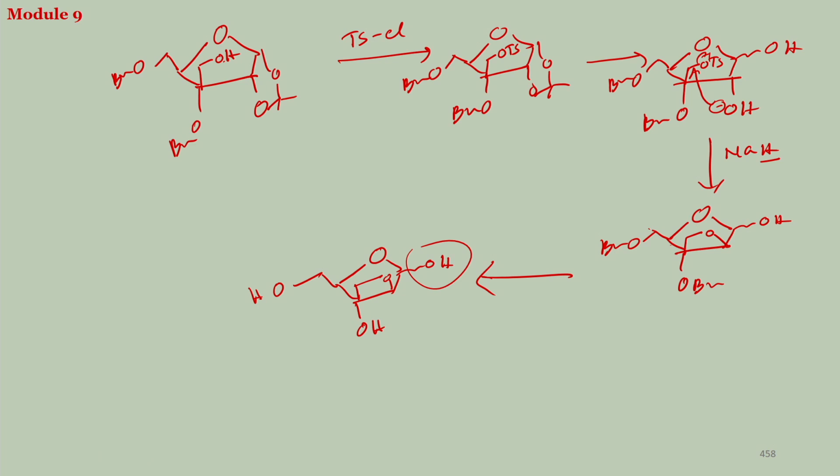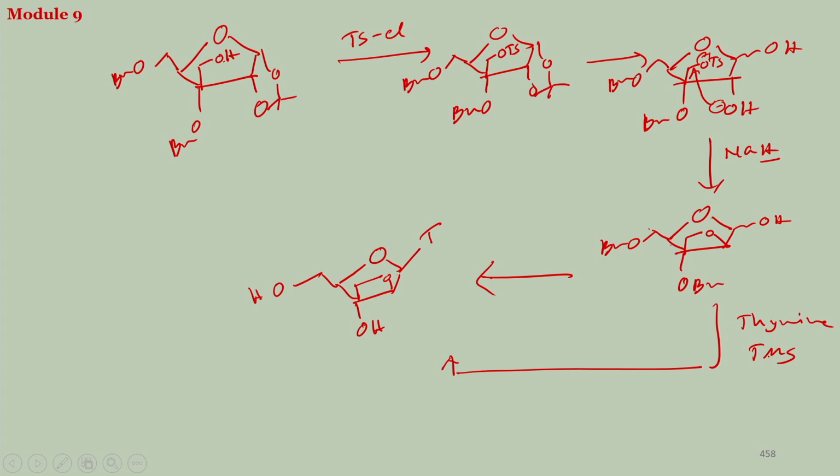And you can do the normal way that we have done the TMS thymine coupling. You can use thymine, or before the protection, here you can use the thymine actually. I will go here straight, thymine T, and then TMS will make the thymine active, and you can do the coupling here, that will give you this, followed by the hydrolysis, deprotection.